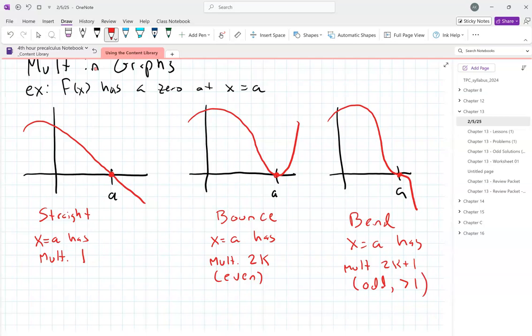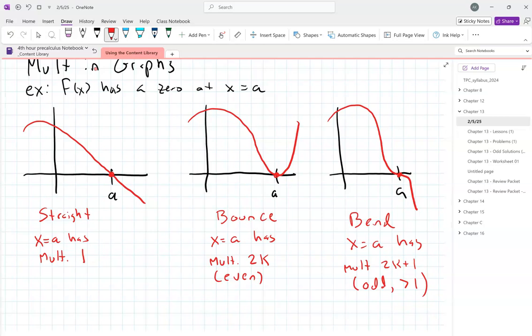So if you see a bend, that solution is going to be used 3 times or 5 times or 7 times or 9 times, some odd number of times. I don't know how many, but I know it's going to be not even. I know it's going to be more than once. Is everybody okay with this?